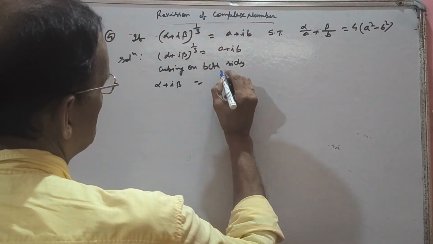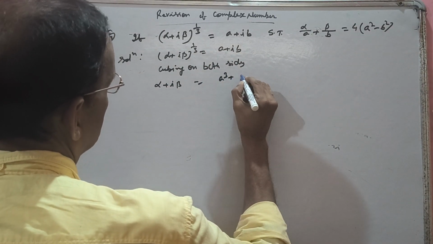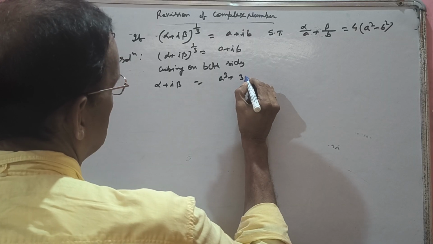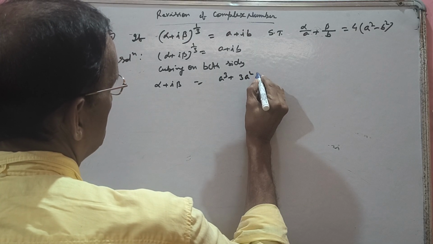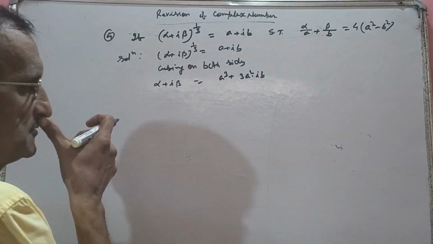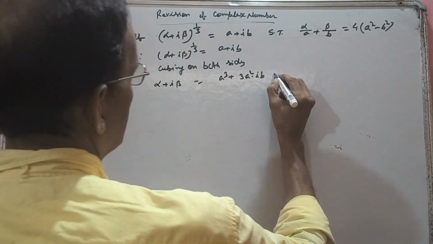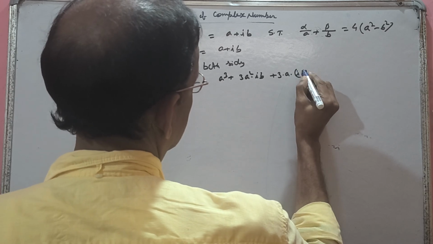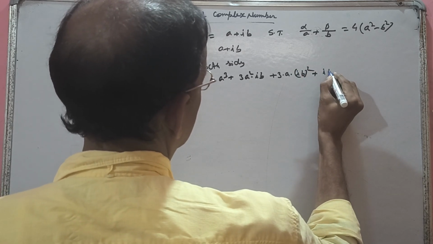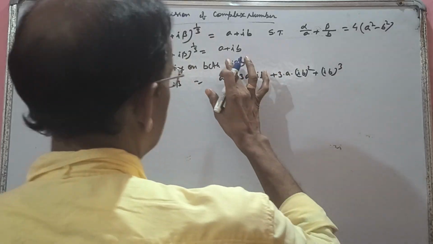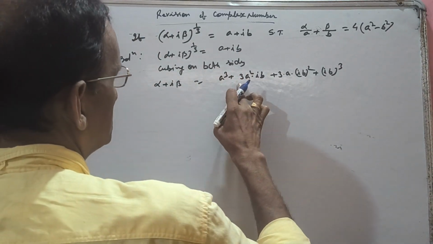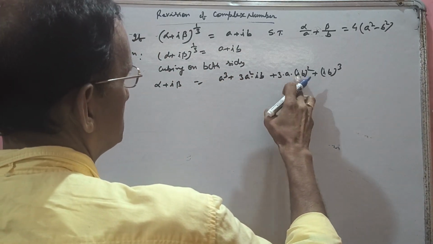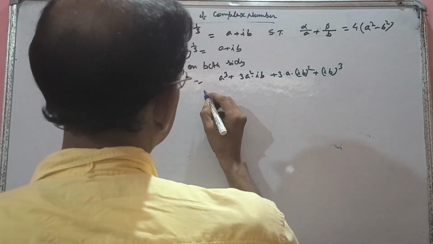And this is a plus b whole cube, whose formula is a cube plus 3a square b plus 3ab square plus b cube.